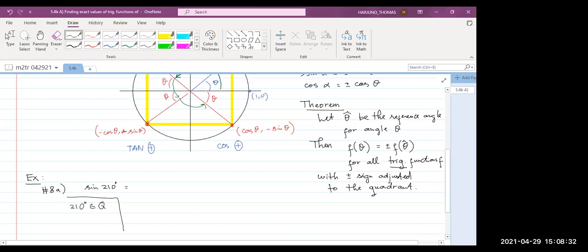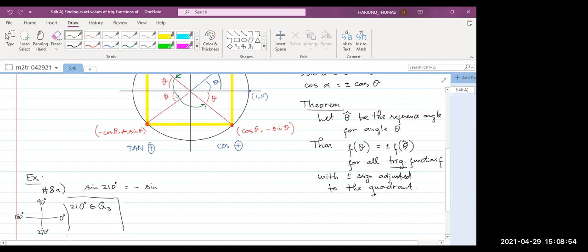It is in quadrant 3, right? The cutoffs are 90 degrees, 180 degrees, 270 degrees. So 210 is in quadrant 3, right? Now in quadrant 3, sine is negative. So I put negative sine of the reference angle.